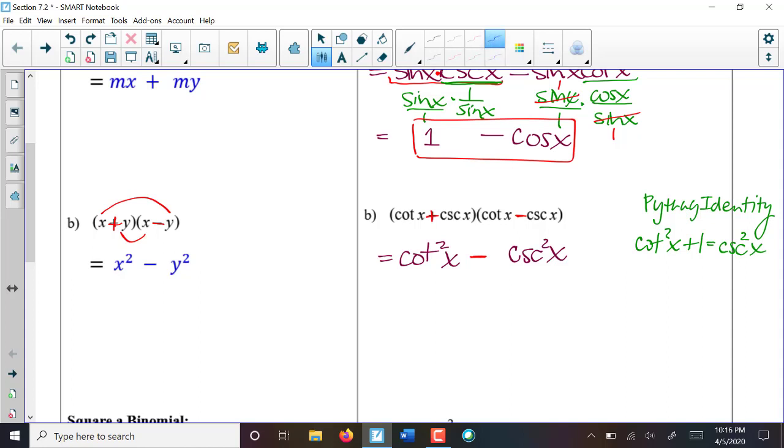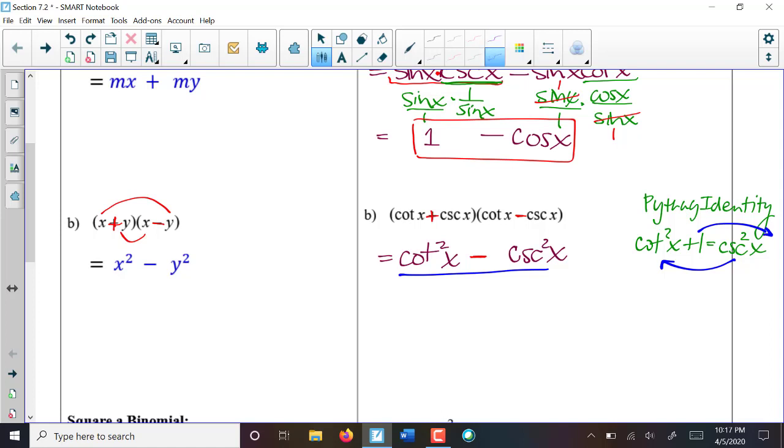So what I want is cotangent squared minus cosecant squared. So if I rearrange this so one side has this on it, then I can replace this expression with the other side. So I'm going to subtract cosecant squared x, basically move it to the left, and subtract 1 on both sides and move it to the right.